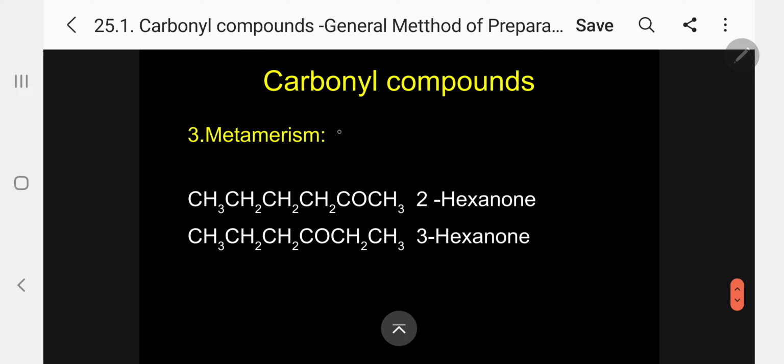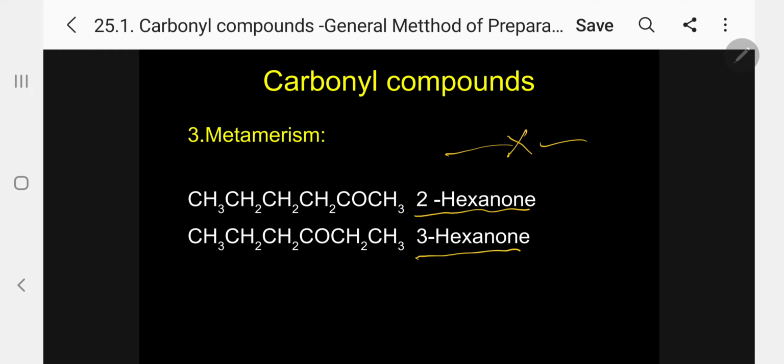Then the third one, metamerism. What is metamerism? We have already discussed it. Kindly follow. Even though a number is given, don't confuse it with positional isomerism. Metamerism is different. What is the definition of metamerism? Compounds having the same molecular formula but a difference in the arrangement of carbon atoms on either side of the functional group.